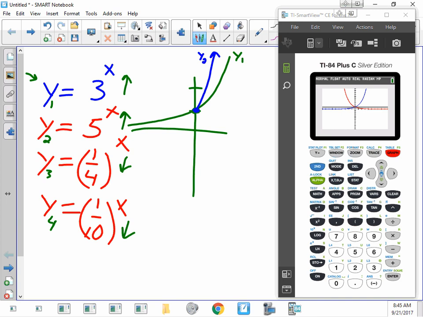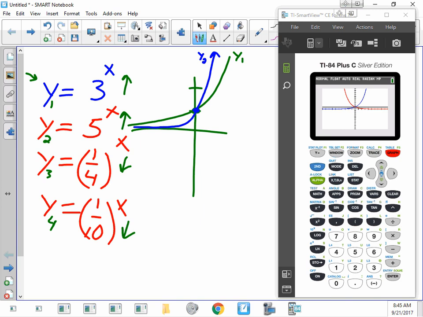So if we go back 3 years into the past and we're multiplying by 3, then the y2 graph is going to be underneath the y1 graph. They're going to cross at 0, and then y2 is going to be taller. So it's going to look something like this. Do you see that?